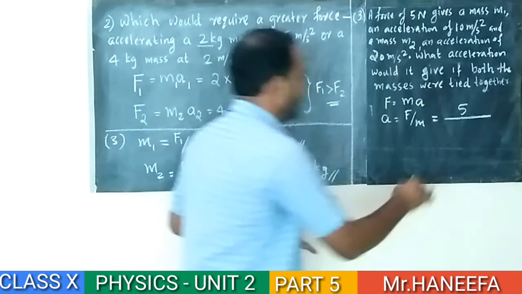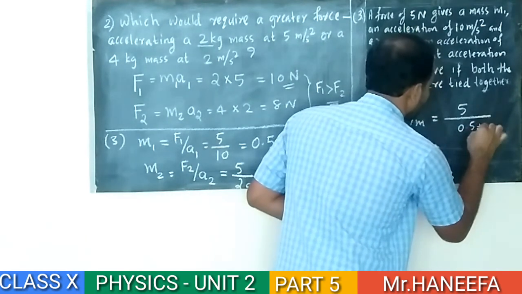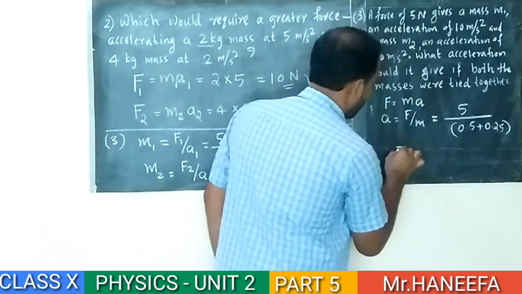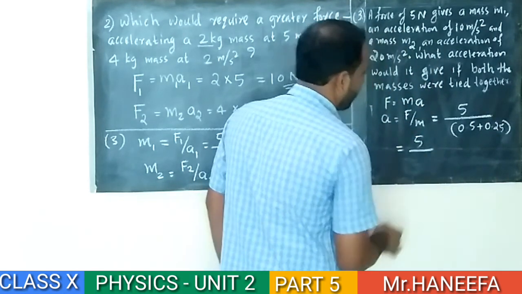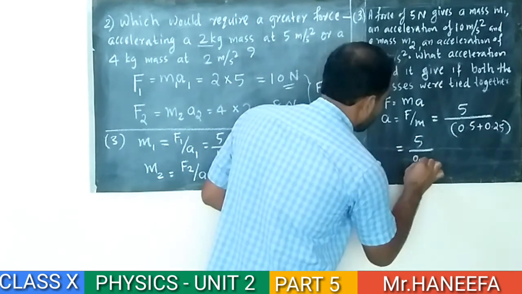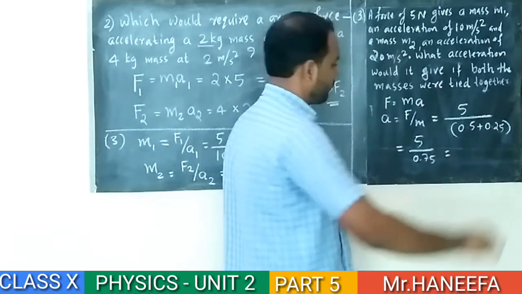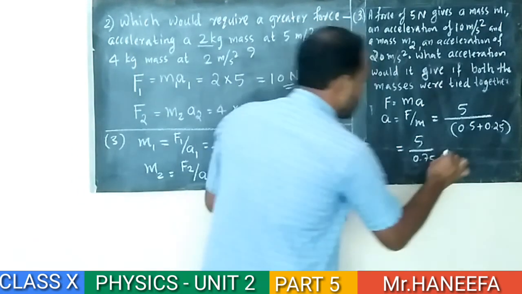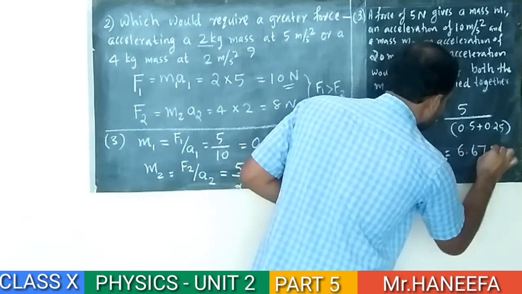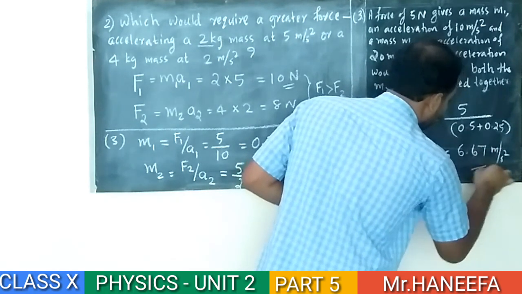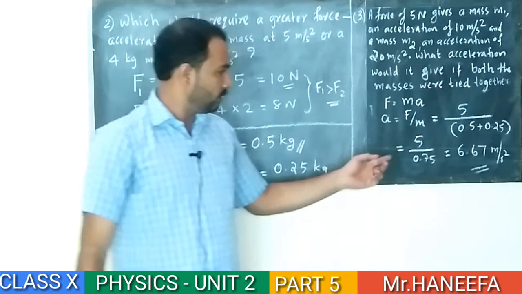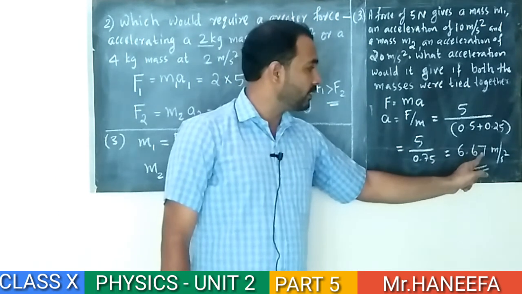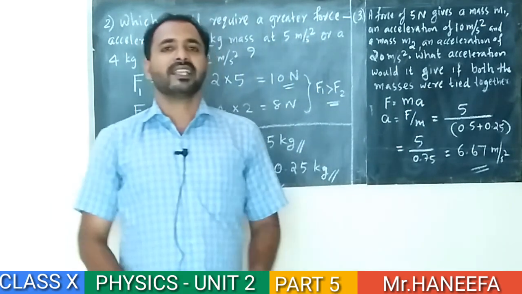What is m1? 0.5 plus 0.25 equal to 0.75. So a equals 5 divided by 0.75, which is equal to 6.67 meter per second square.